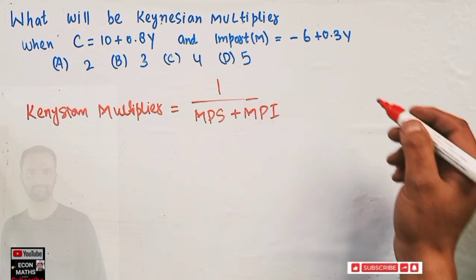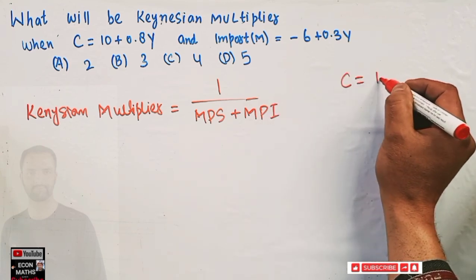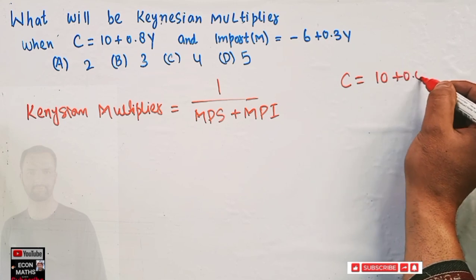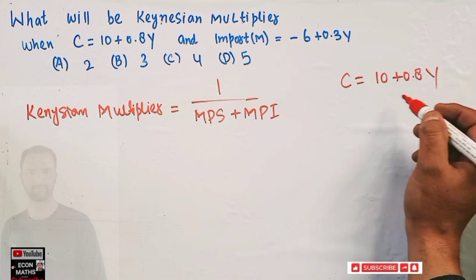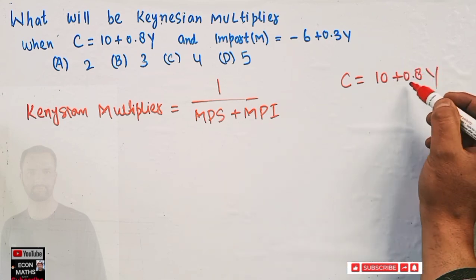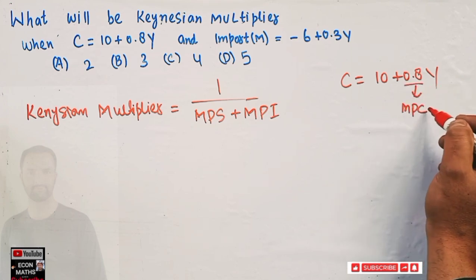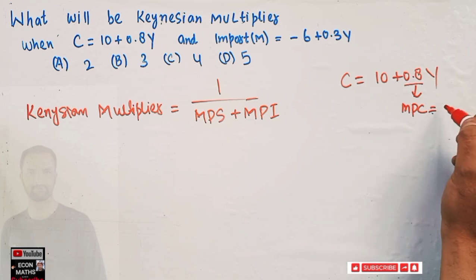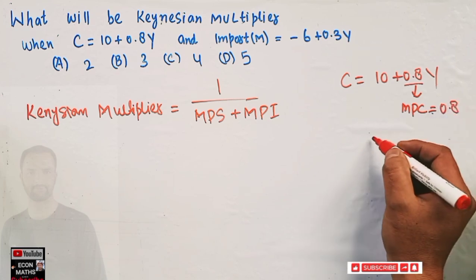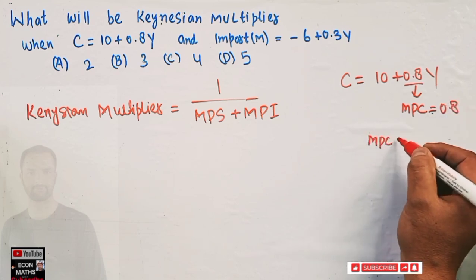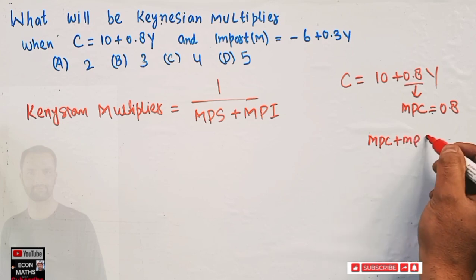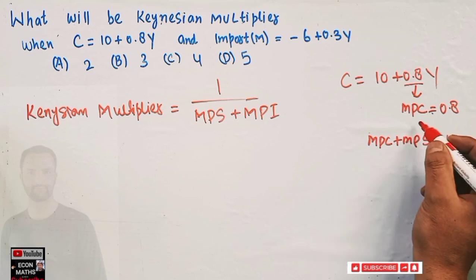Okay, so we have the consumption function C is equal to 10 plus 0.8 Y. What is our marginal propensity to save? Here this is our MPC, that is, the marginal propensity to consume is 0.8, and we know that marginal propensity to consume plus marginal propensity to save is equal to 1.